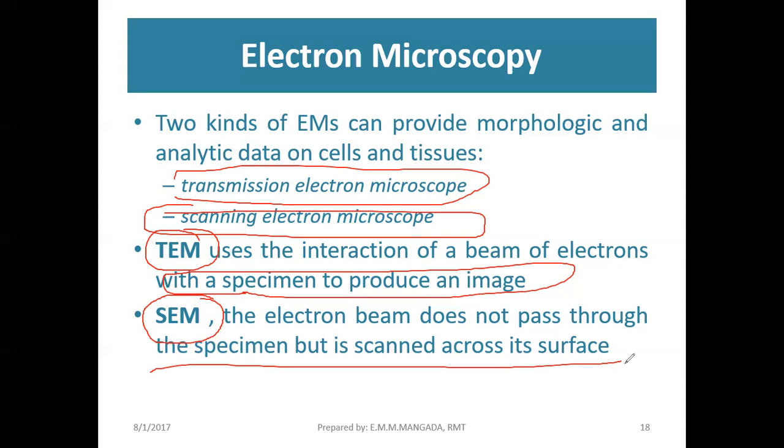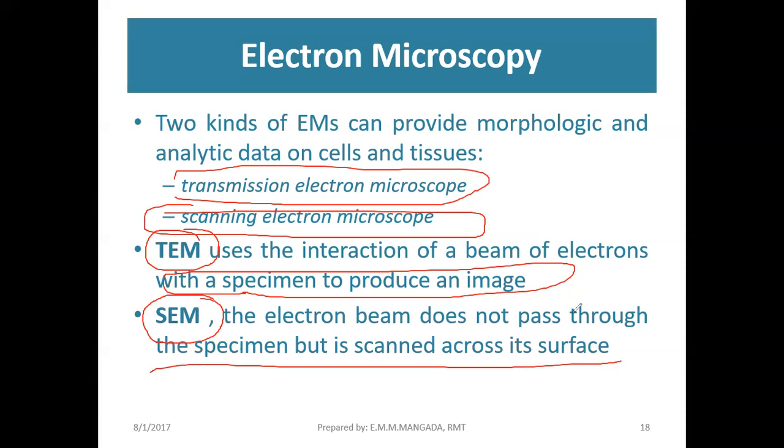You can appreciate its organelles, like the presence of the nucleus, the presence of the mitochondria of our cell. So that's the difference between your TEM and your SEM. Again, when we say transmission electron microscope, it gets through the specimen. While for SEM, it doesn't pass through the specimen, but it enables you to scan the surface of your specimen.